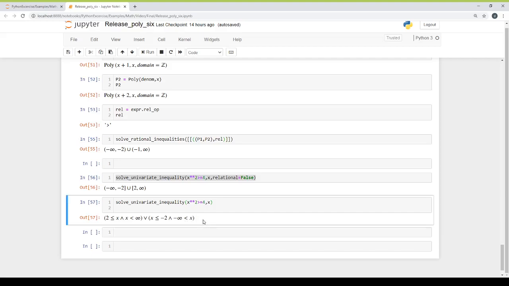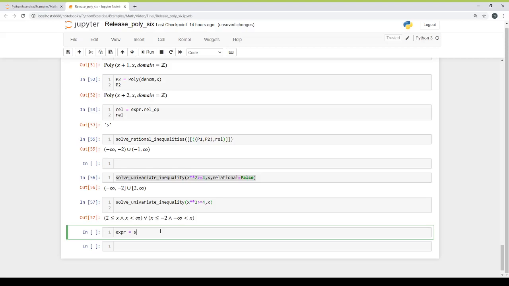So this gives us the complete relation set, while the other only provides the values. If you want to see it in this form, then you need not pass relational is equal to false.